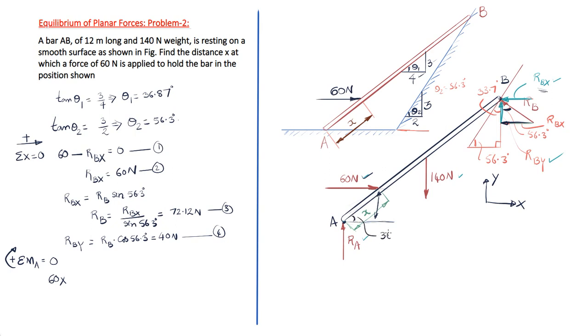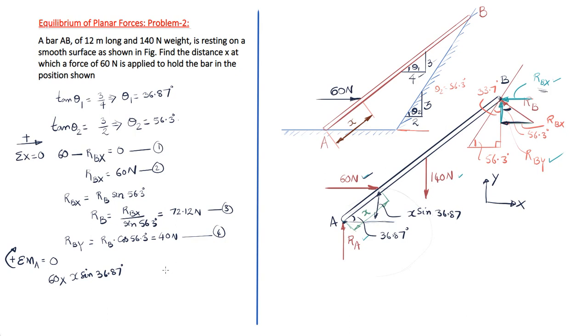This angle is 36.87, so this will be x sine 36.87. So 60 multiplied by the perpendicular distance, x sine 36.87 degrees. That is the moment of the force 60 Newton, and we can easily observe that the 60 Newton will have a clockwise moment. It tries to rotate like this, so there is a clockwise moment.